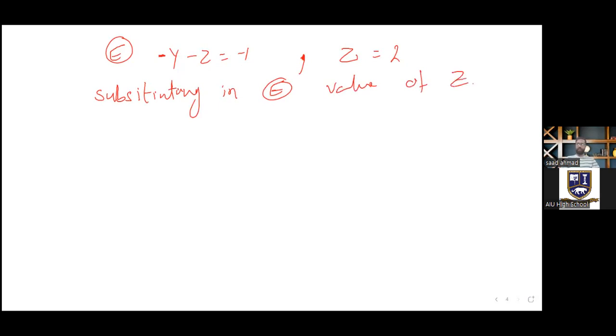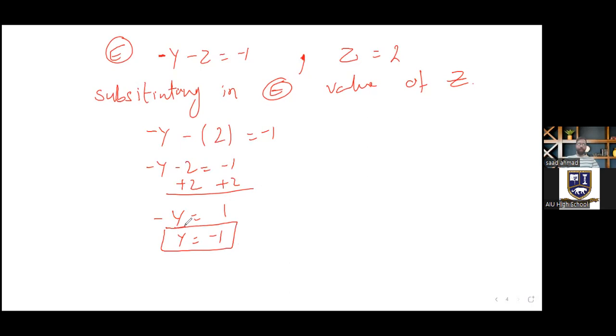All right, so we are substituting z in e. So negative y negative 2 equals negative 1. We will add 2 on both sides, and negative y equals 1. So y equals negative 1.